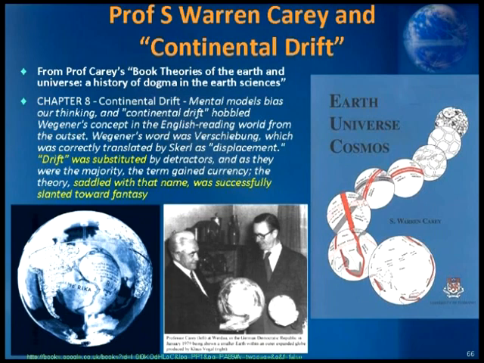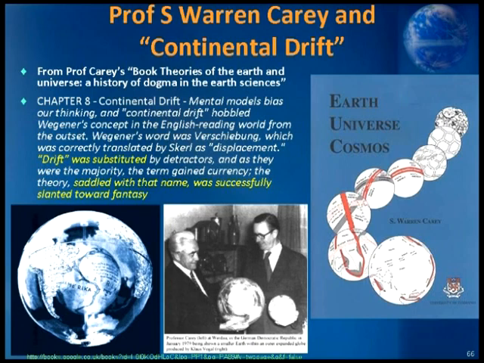In other words, Wegener called it continental displacement, which is a much more scientific term than drift. All right? Drift was substituted by the detractors who thought this idea was plainly ridiculous, and as they were in the majority, the term gained currency, and saddled with that name, it was successfully slanted towards fantasy. All right? So the scientific community, having called it continental drift, didn't really take it very seriously.